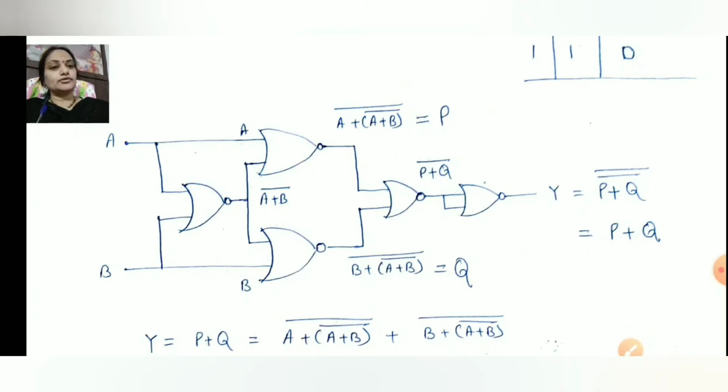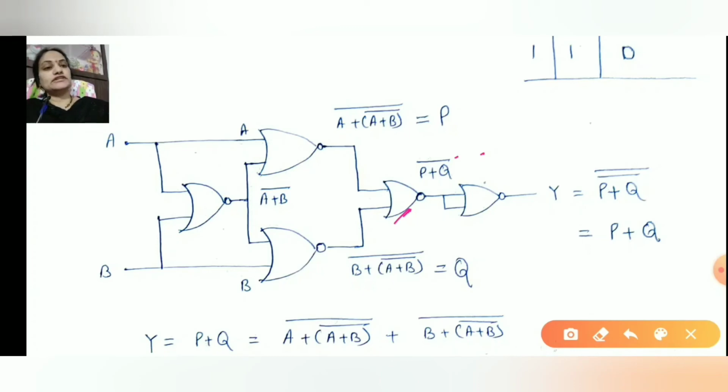What is the output for this gate 4? That is again whole complement of addition of two inputs. Here inputs means p and q. That's why I wrote the expression like this. Again, this expression is connected to this last gate, which acts as an inverter. Why? Because the two inputs are connected to each other.